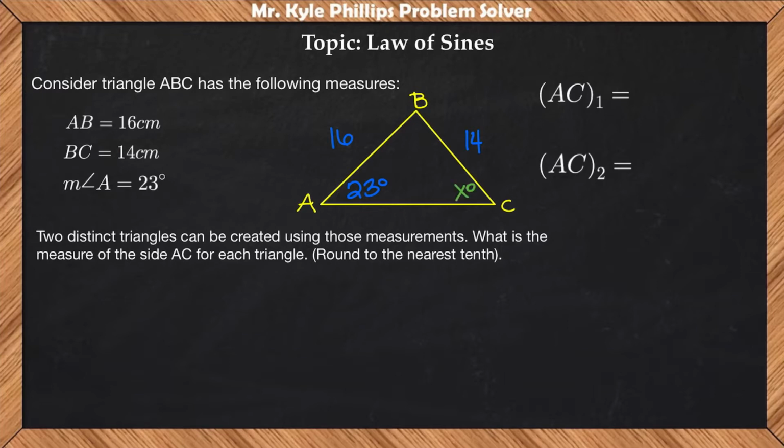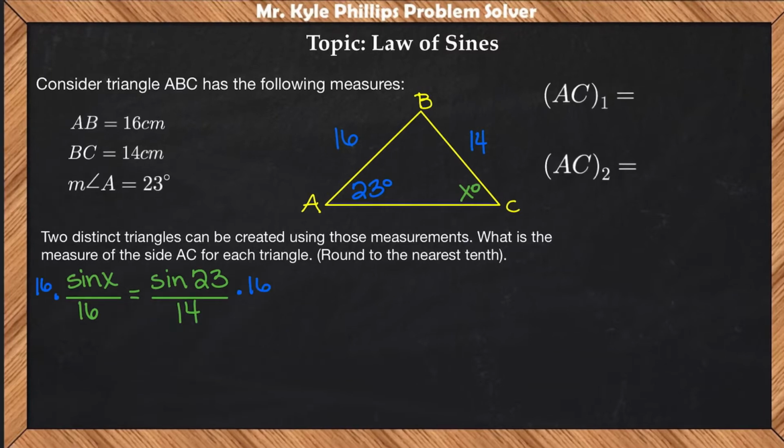So I'll set that up by saying sine of x divided by 16 is equal to sine of 23 over 14. Since we want sine of x by itself, we're going to multiply each side by 16. So now I have sine of x equals 16 times sine of 23, all over 14.